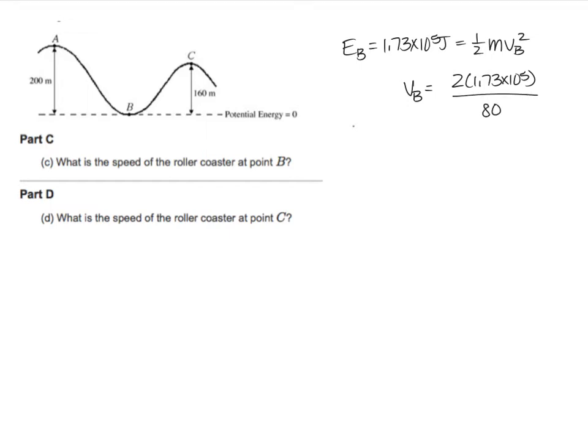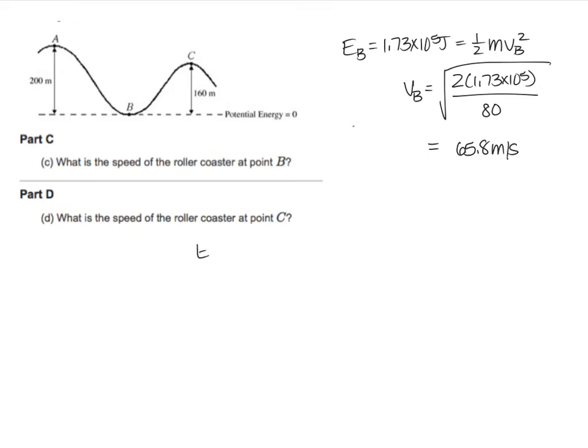We're going to divide by the mass, and we take the square root of all that. And that gives us a velocity of 65.8 meters per second. So it's going pretty fast at B, but we expect that because all its energy is kinetic.